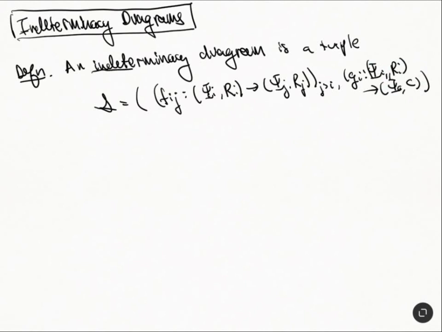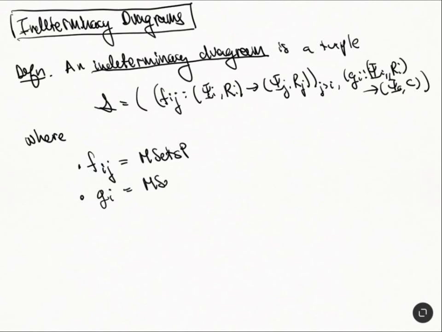It is a collection of morphisms like this, so let me just say what they are. F_ij is a morphism of monoid sets that can be partially defined. And these G_i are going to be morphisms of maps of monoid sets, not partially defined.